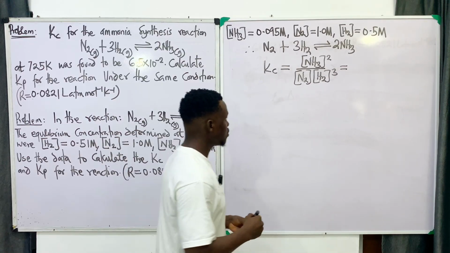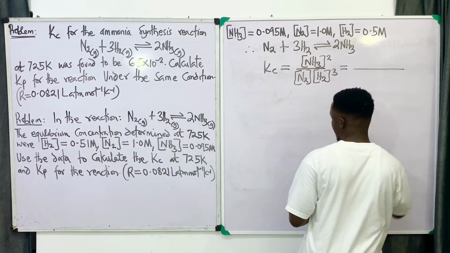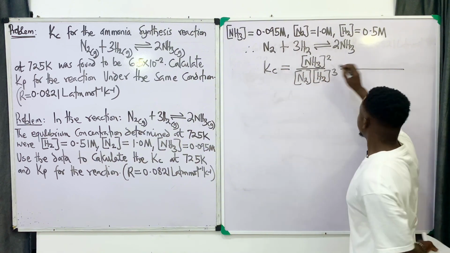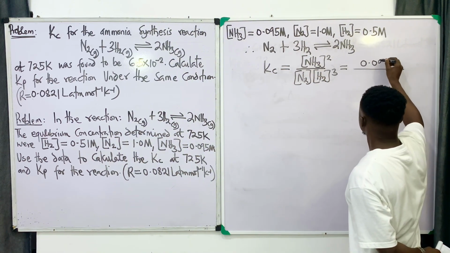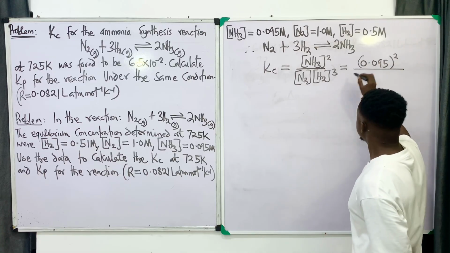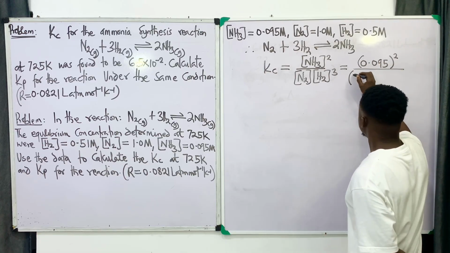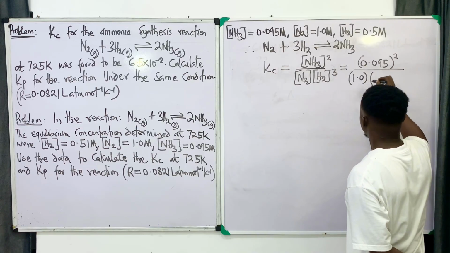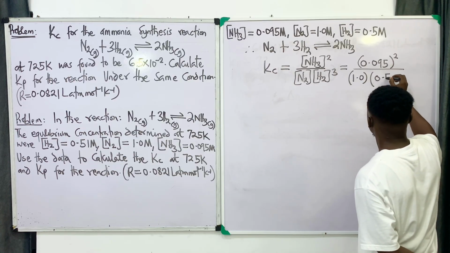So what you just need to do here, the value for ammonia was 0.095, all raised to the power of 2, that's squared. The value for nitrogen is 1.0, and the value for hydrogen is 0.5 cubed.